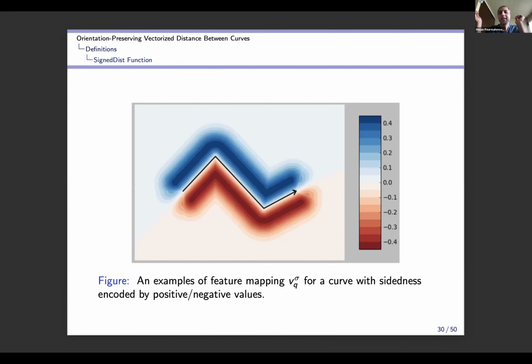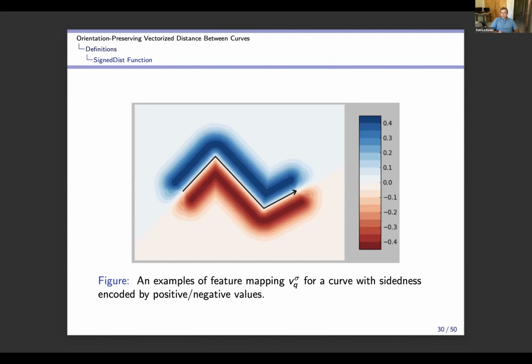But actually, we can optimize this sigma by taking the gradient of this distance with respect to sigma, and then doing a gradient descent based method for optimization and getting better sigma values. So it's possible to get better sigmas, but in practice, we use only, as I said, the half distance between the 2 sets of curves that we're trying to classify.